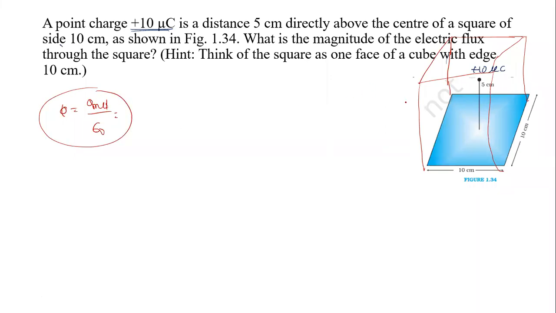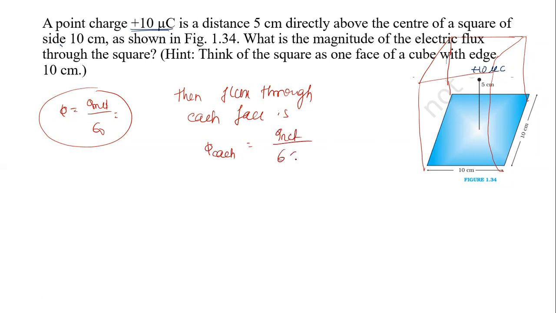There are 6 faces, so the flux through each face is Q net divided by 6 epsilon naught. Why am I dividing by 6? Because there are 6 faces, and I should divide equally for each face.